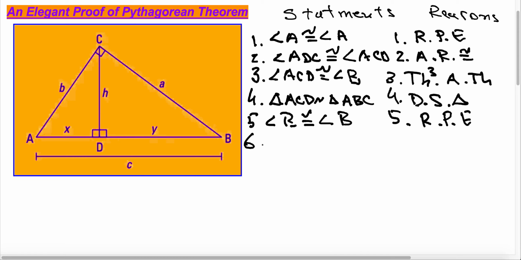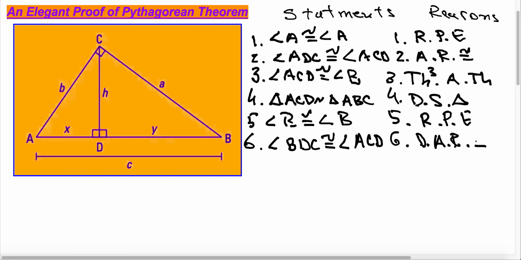Number 6, the right angle BDC of the medium triangle, so angle BDC, is congruent with the angle ACD, by the definition that all right angles are congruent.